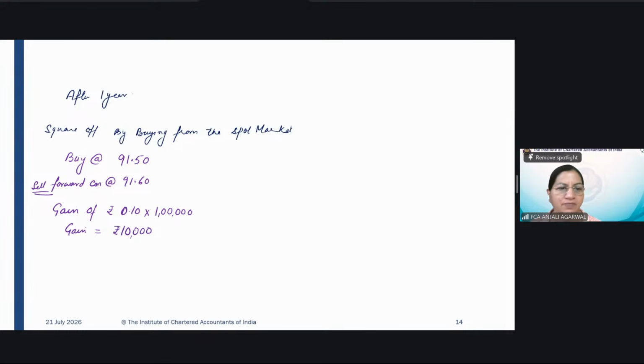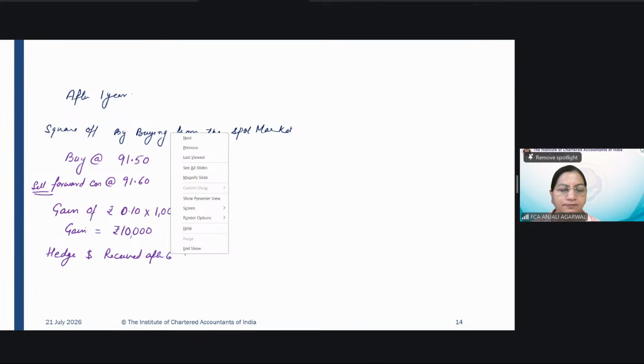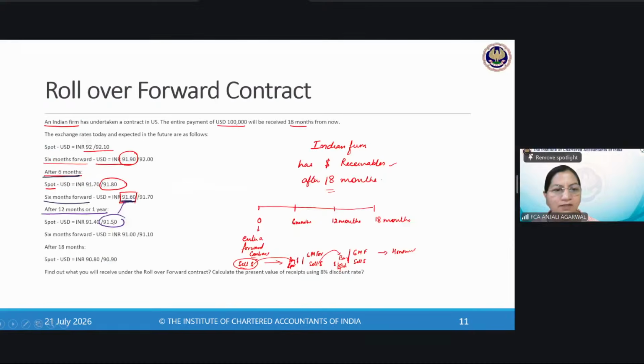So your forward contract has been squared off, but you want to hedge again for the dollars which will be received after 6 months now. We are already 1 year after the contract. So now dollars are another 6 months away from being received.